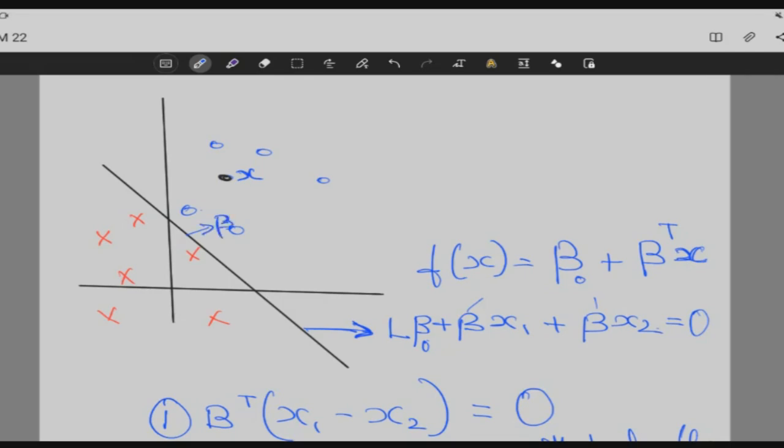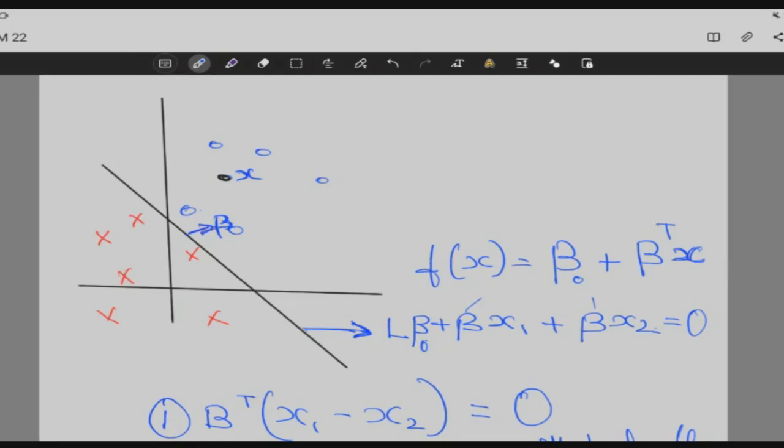Beta is the normal to this plane, and X is projected on this line. Then what will this distance be?